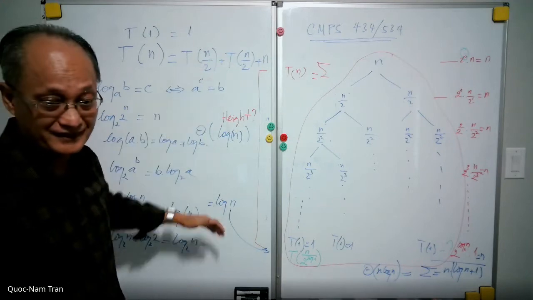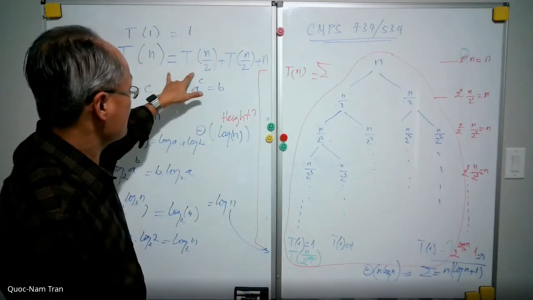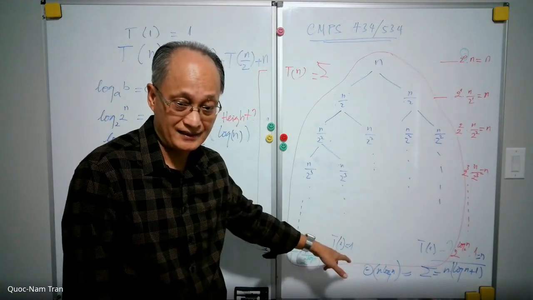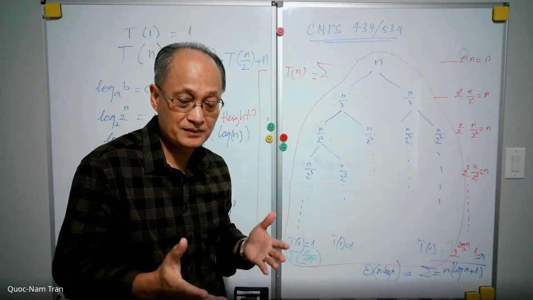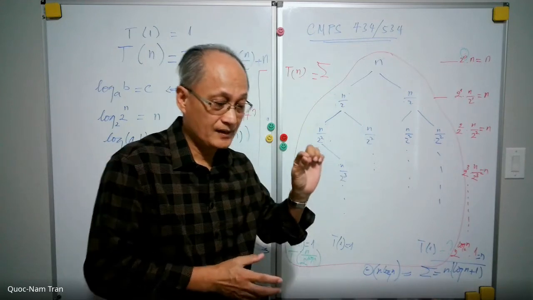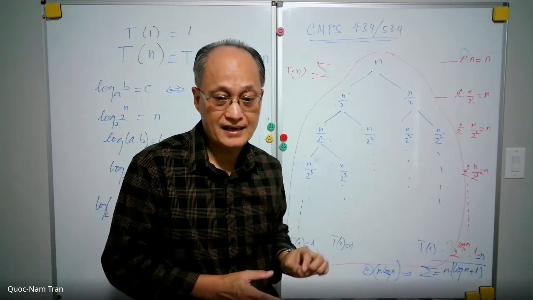No? Okay, very good. So if you know how to solve this one using the recurrence tree like this, you should be able to answer all of the recurrences in question number 3 for the exercise 1.